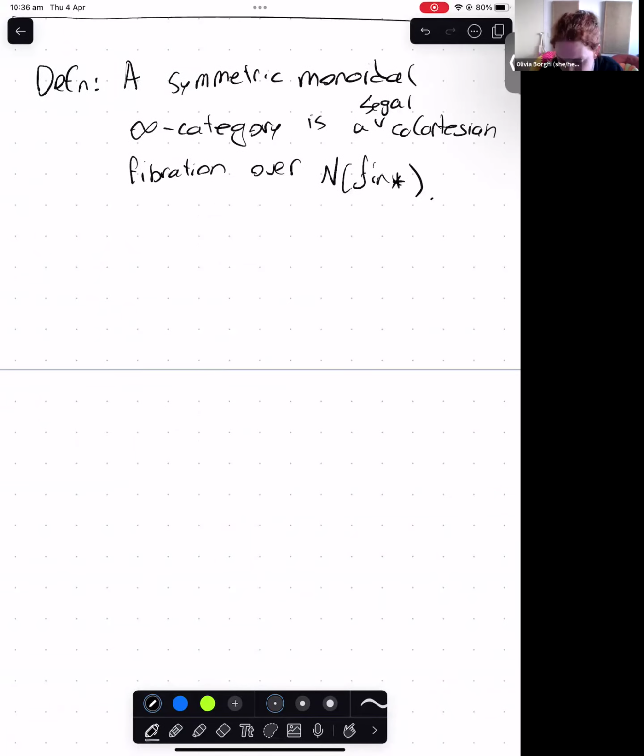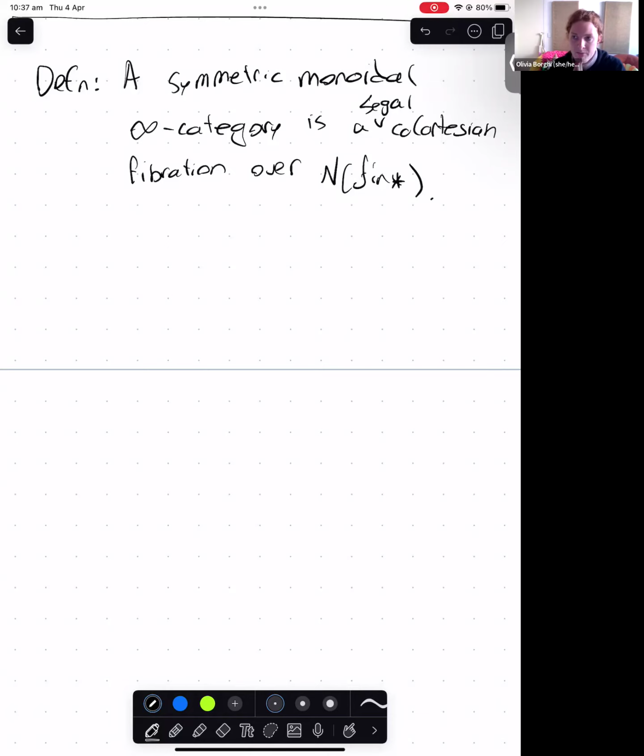Okay, so looking at this definition, it gives us a strategy for how we might generalize this. Before, I had the parenthesized symmetry operad, the action operad associated to the symmetric groups, and I generalized that to a given operad PAG, which gave us a notion of a G-monoidal category.